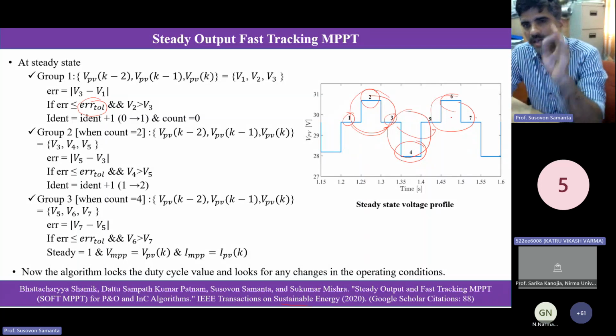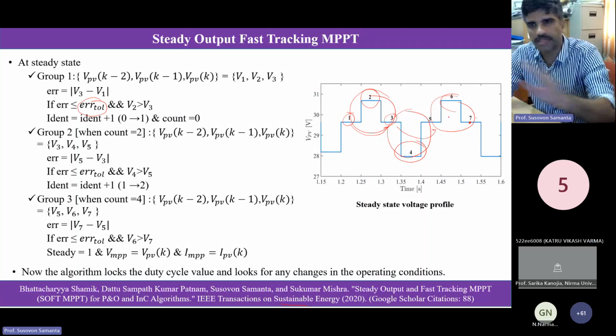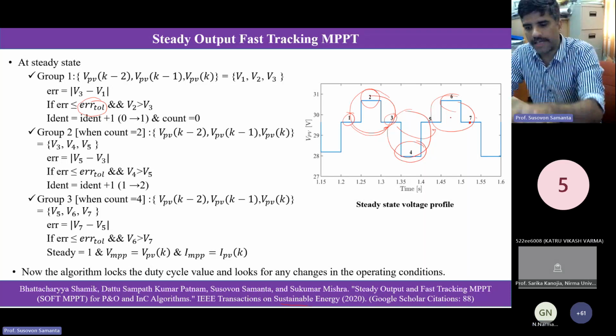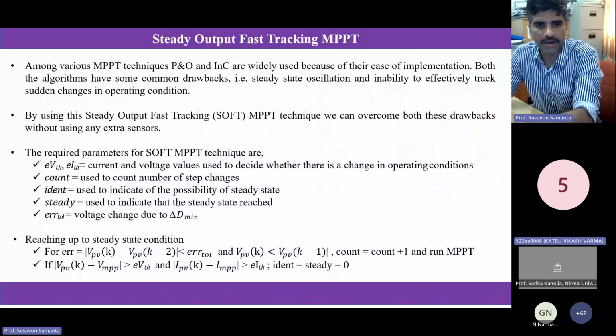And when it has reached the steady state, I am locking at this point. Then there is no variation: no variation in the voltage, no variation in the power. The variation will be there only if this condition is satisfied.